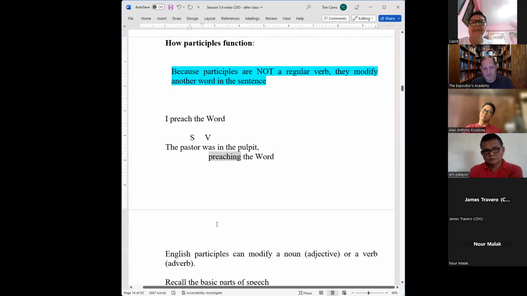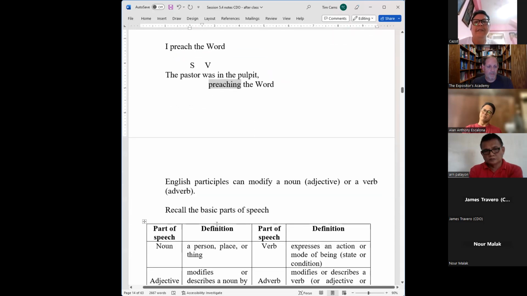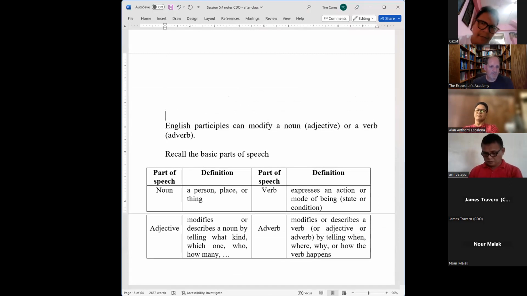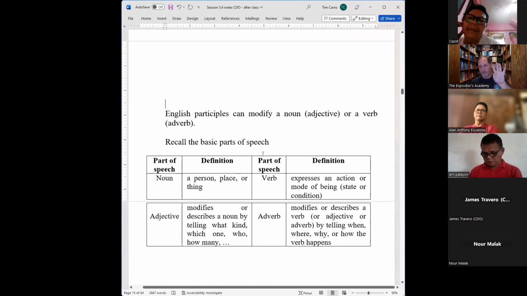So how do participles modify? Well, they do this in two ways. They can modify a noun or a verb. All right, if you'll remember in our parts of speech, there are just four basic parts of speech in English.